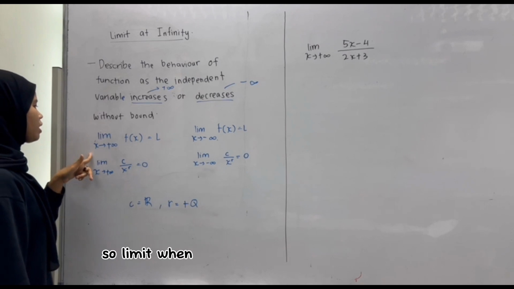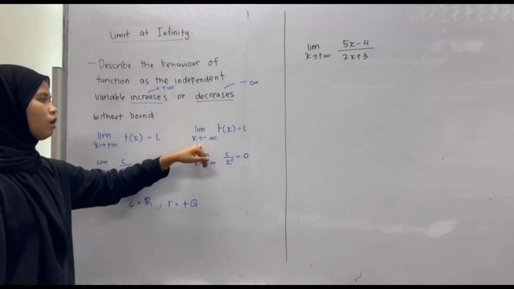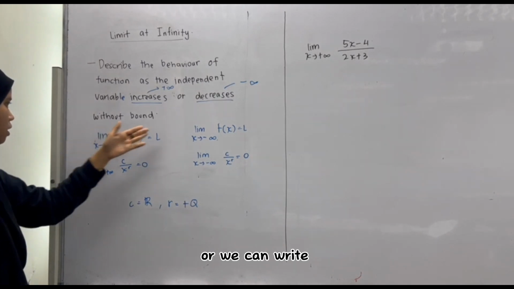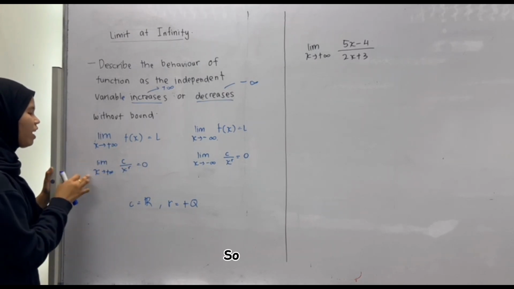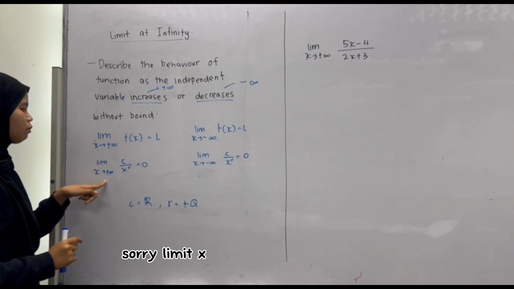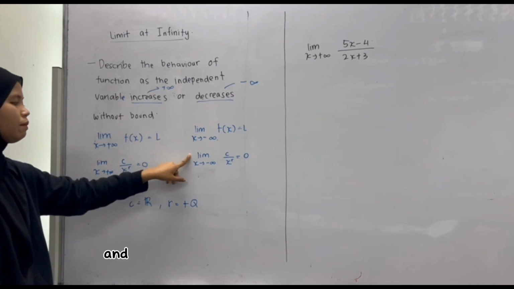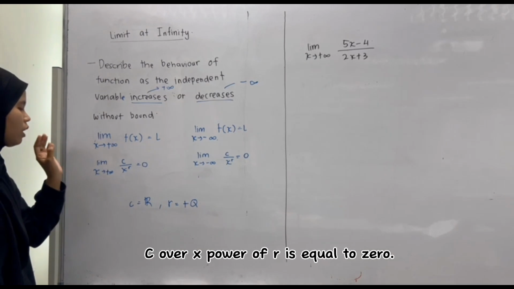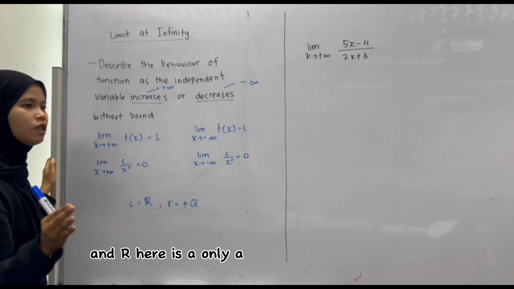The limit as x approaches positive infinity of f(x) is equal to L, and the limit as x approaches negative infinity of f(x) is equal to L. Or we can write it using this: the limit as x approaches positive infinity of c over x to the power of r is equal to 0, and the limit as x approaches negative infinity of c over x to the power of r is equal to 0. Here c can be any real number, and r is only a positive rational number.